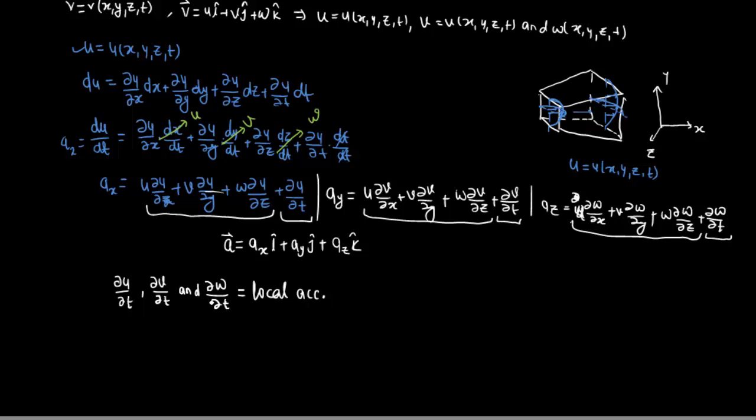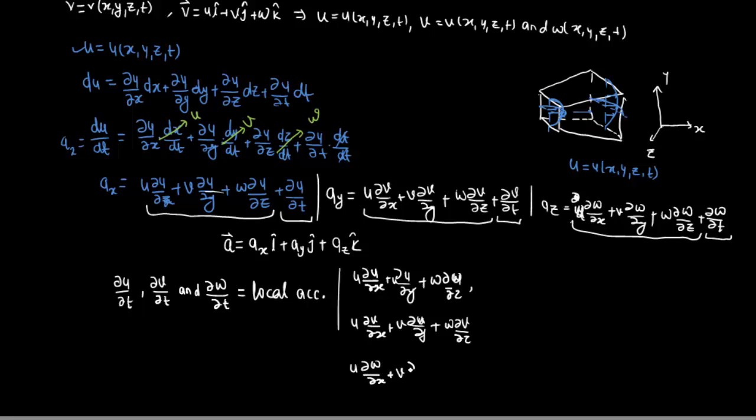Okay, this is defined as local acceleration, and the terms u del u by del x plus v del u by del y plus w del u by del z, then u del v by del x, v del v by del y plus w del v by del z, and u del w by del x, v del w by del y, and w del w by del z are termed as convective acceleration.